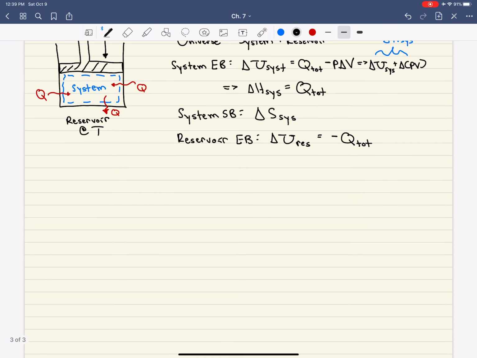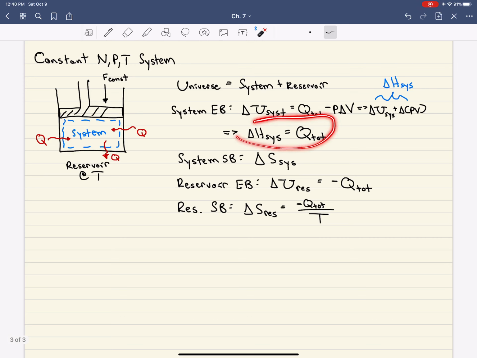All right, for the entropy balance for the reservoir, we have delta S_res is equal to negative Q total over the temperature at the boundary between the reservoir and the system. We know from the energy balance on the system that Q total is just equal to negative delta H of the system.